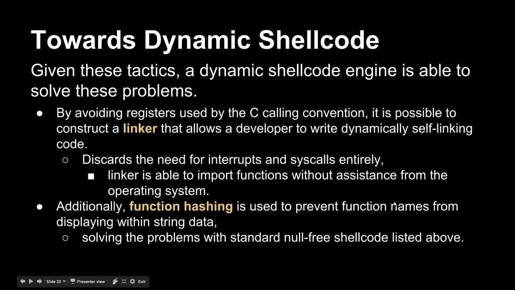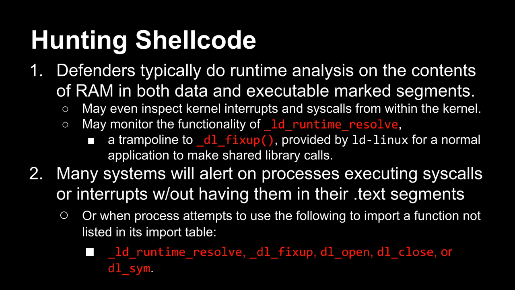Now, these are four really great fundamental tips that malware analysts should be doing all day. Again, to reiterate: one, make sure you do runtime analysis in the contents of RAM for both data and executable segments. Two, possibly hook the functionality of _dl_runtime_resolve and _dl_fixup, which is often a trampoline used to make shared library calls.